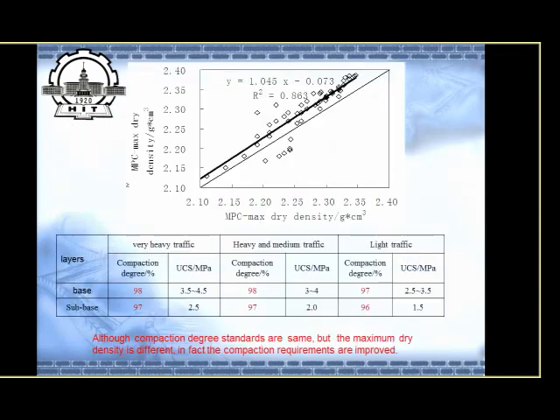So we put forward the compaction degree of this method. The compaction degree is the same as before, but because the maximum density is larger, in fact the compaction requirements are improved.